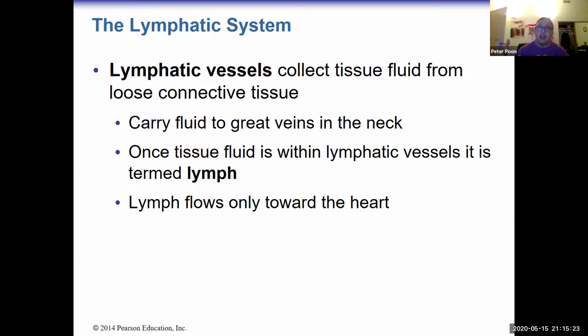Remember that the loose connective tissue has a whole bunch of holes and empty spaces where fluid can flow, and that means fluid can drain into the lymphatic vessels. The smaller vessels drain into larger vessels, which drain into larger vessels. Eventually, they carry the fluid all the way back into the bloodstream, and they drain into the neck.